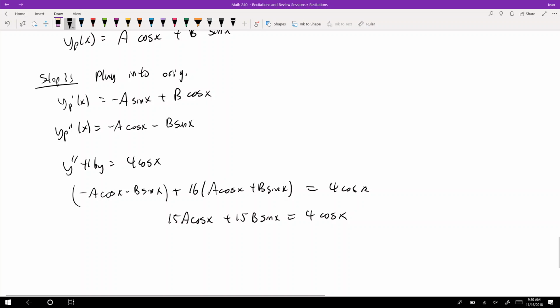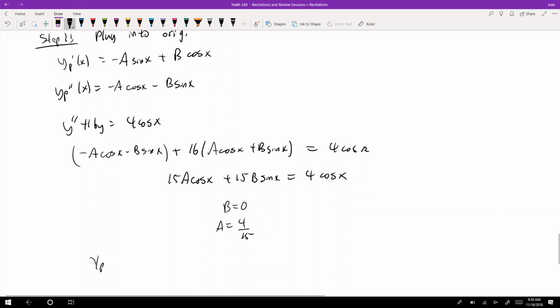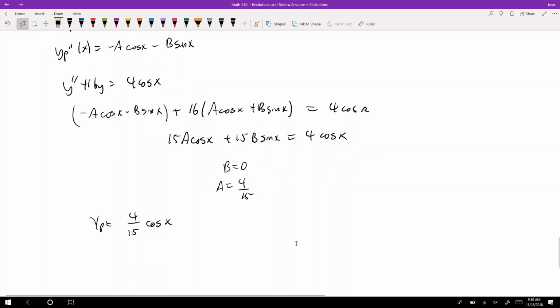All right, what can you say about b? 0, right? There's no sine term on the right-hand side, so b is 0. And then we can solve for a, and you'll see that a is equal to 4/15. So then my particular solution, yp, is really just 4/15 cosine x. There's no sine term. And then what else?